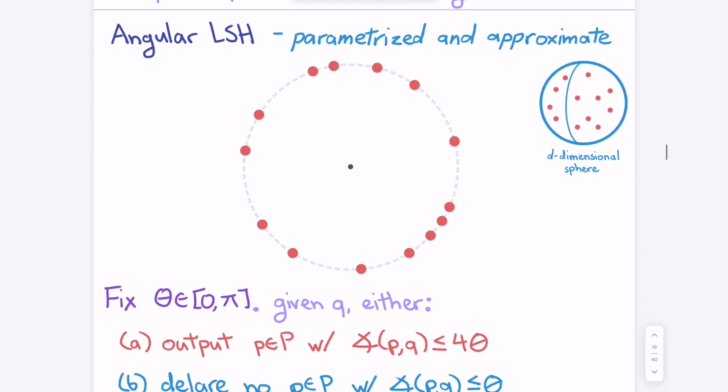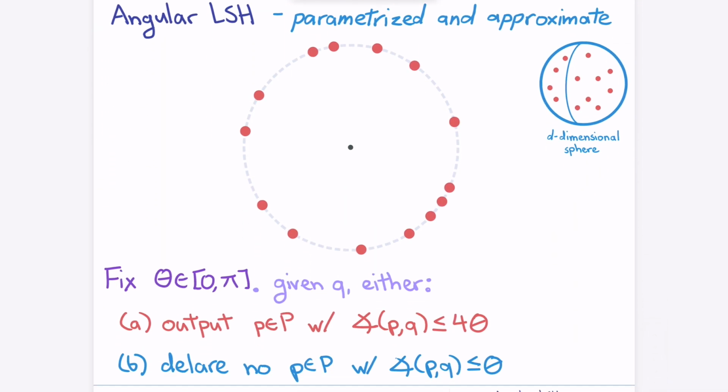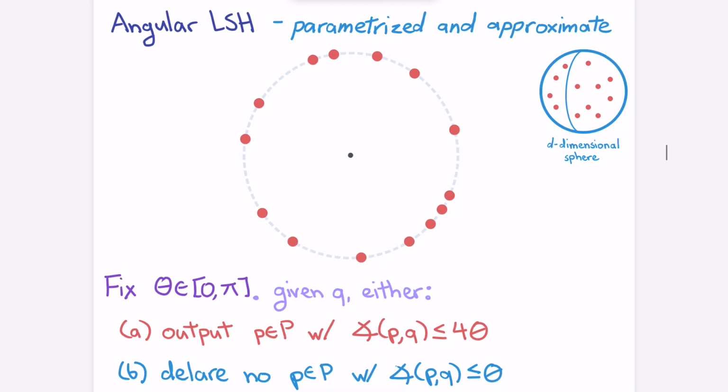Okay, so let's try to formalize that. When we analyze this, we're going to do a parameterized version. In other words, I'm going to fix a particular angle, parameter theta, that's for the sake of discussion my definition of near.